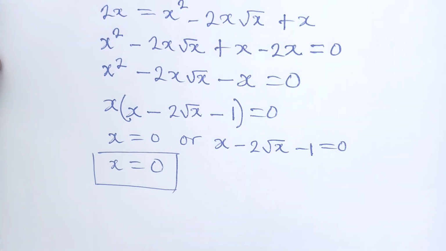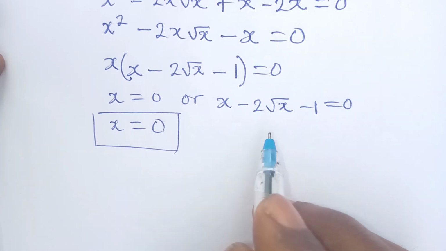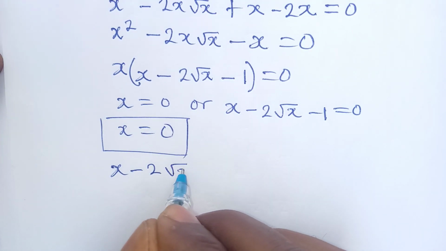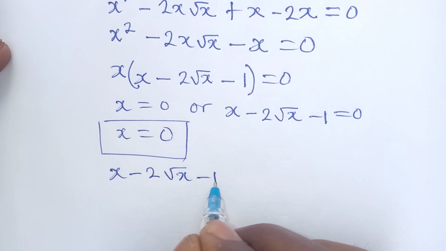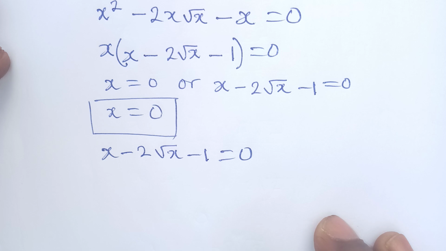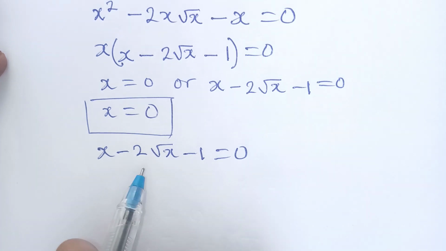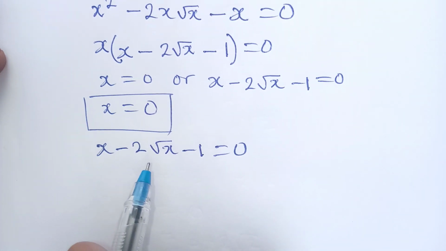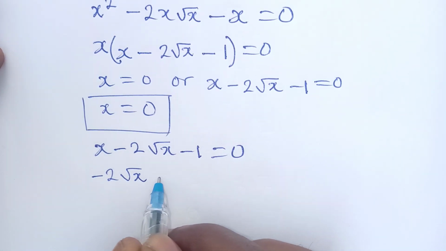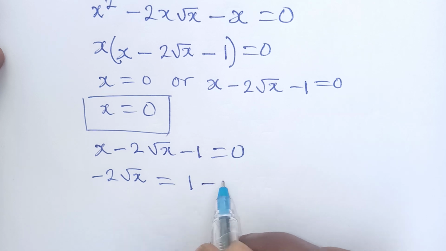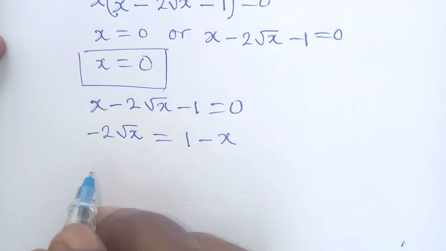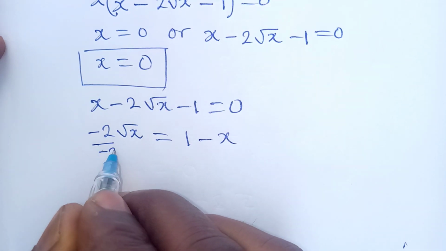To get the other values of x, we'll go back to this equation, which is x minus 2 root x then minus 1 to be equal to 0. Now if this is the case, we can make minus 2 root x the subject first, so that we will have minus 2 root x to be equal to 1 minus x, right? So if that is the case, we can divide both sides by minus 2.